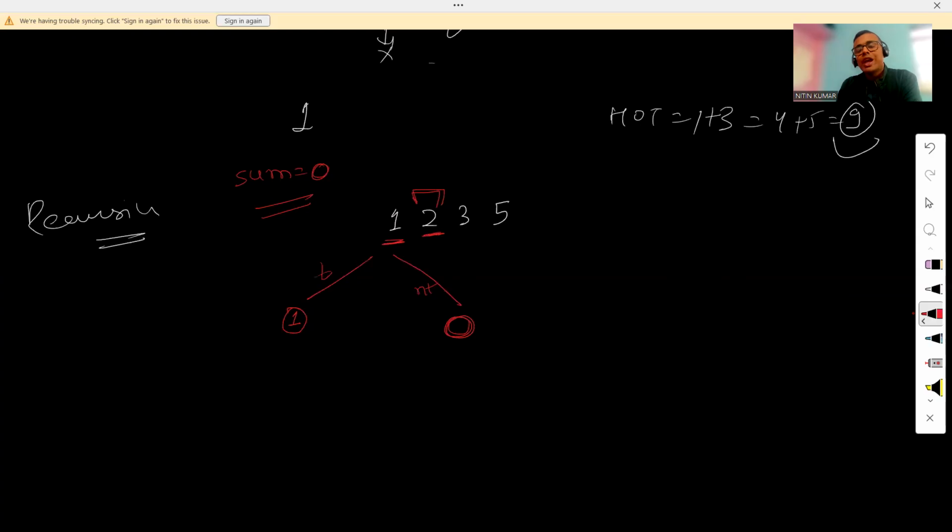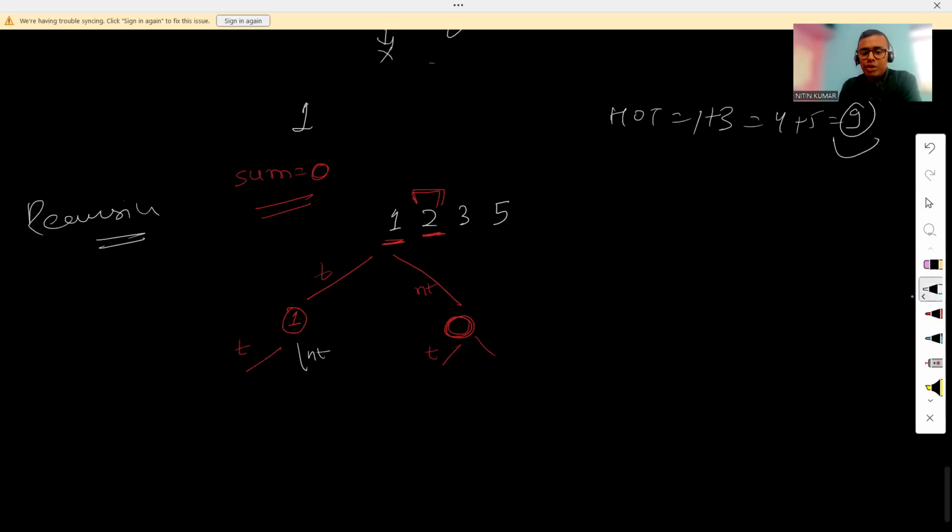For the 2 also we have two considerations, take or not take, and from here also we have two choices, take or not take, because in that way the recursion tree is drawn.